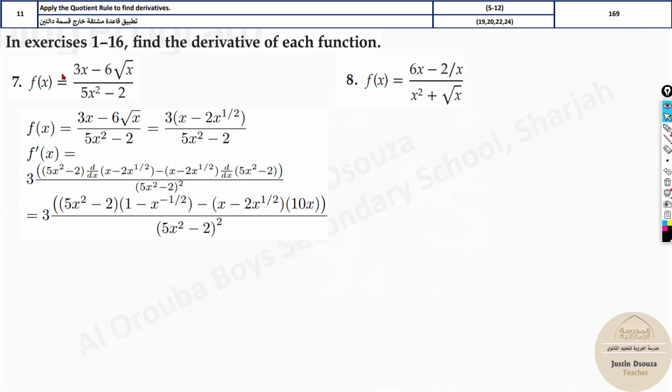Why it can be removed is it will just help you in your simplification. Otherwise, everywhere there will be an extra 3 recurring, and then you will have to remove it at the end. So just make sure if there are any terms which are common, you remove them and keep them outside.